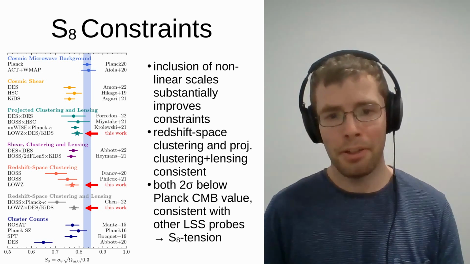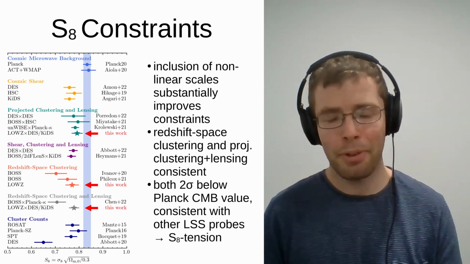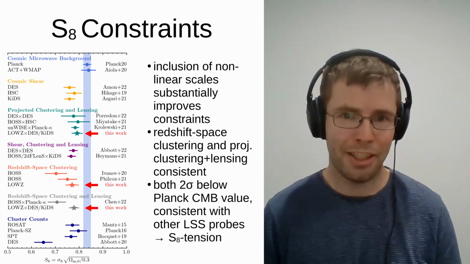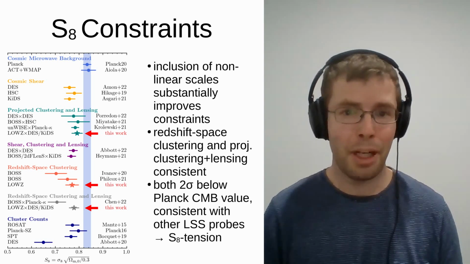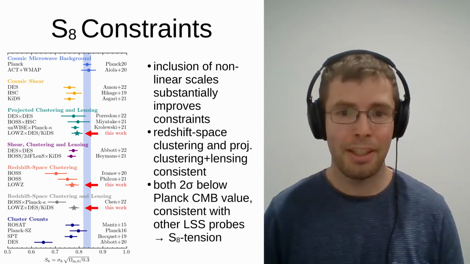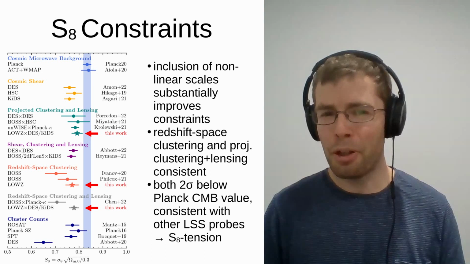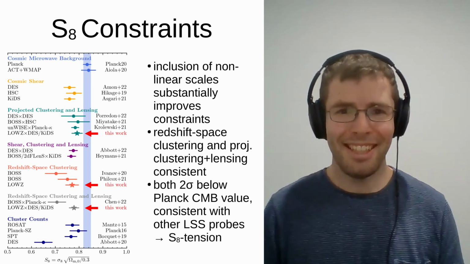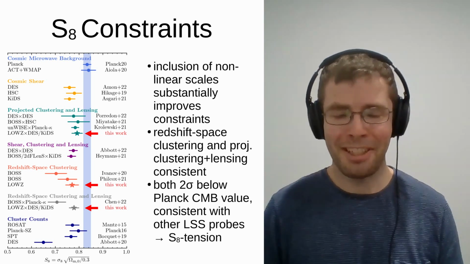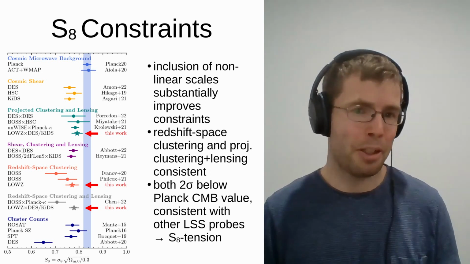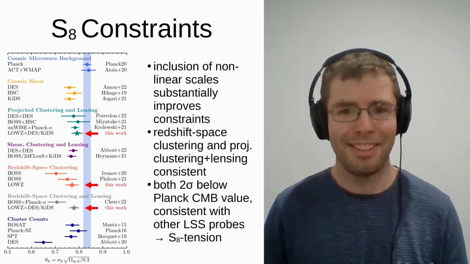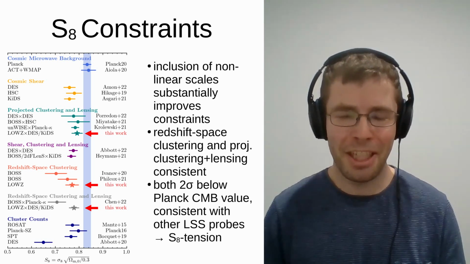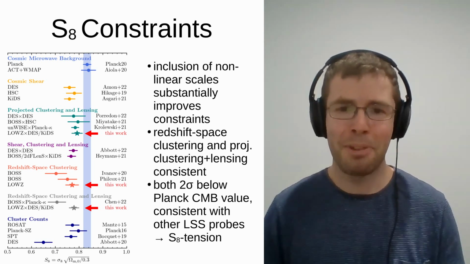What's really interesting with the S8 tension is that you have all these different observations, like cosmic shear, clustering plus lensing, redshift-space clustering, cluster counts, peculiar velocities, and they all point towards the same S8 value. So it is easy for me to think of an individual systematic that might affect cosmic shear or might affect cluster counts, but you would have to come up with several systematics that all shifted by the same amount. So that's why it's a bit more difficult.